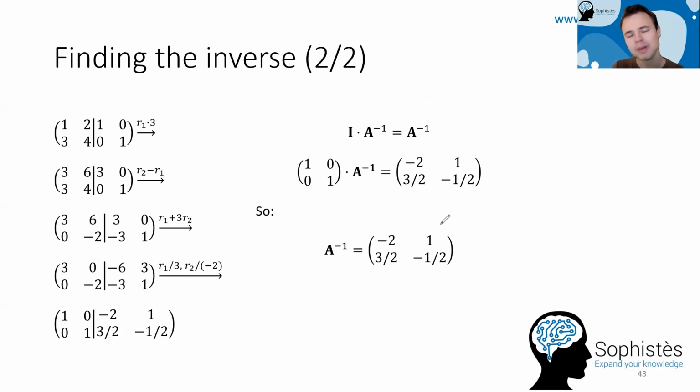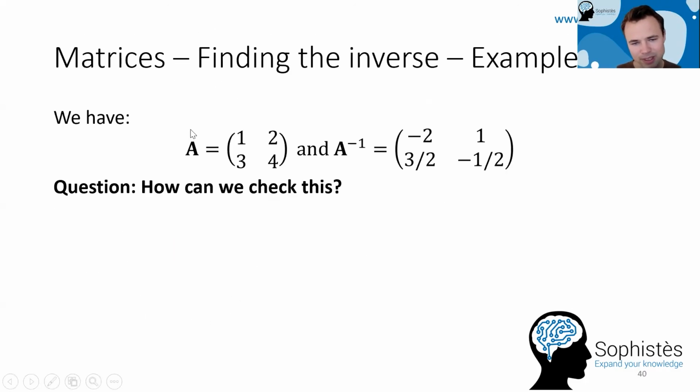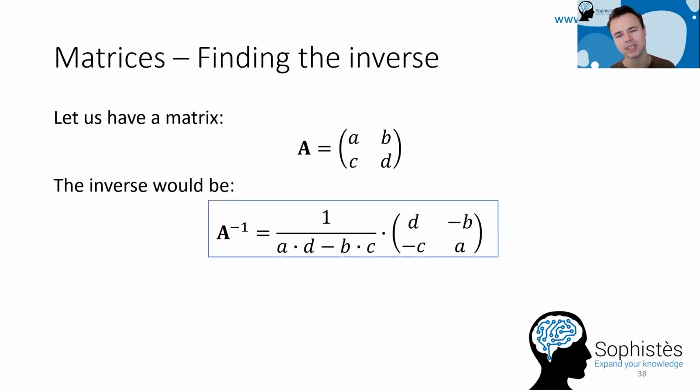But the Gaussian elimination is a lot of work. You have to know it for the exam, but it is a lot of work. So I want to finish this session today with a really nice trick so that you don't always have to use Gaussian elimination. And the trick will go as follows. And I will just show it to you on the whiteboard.